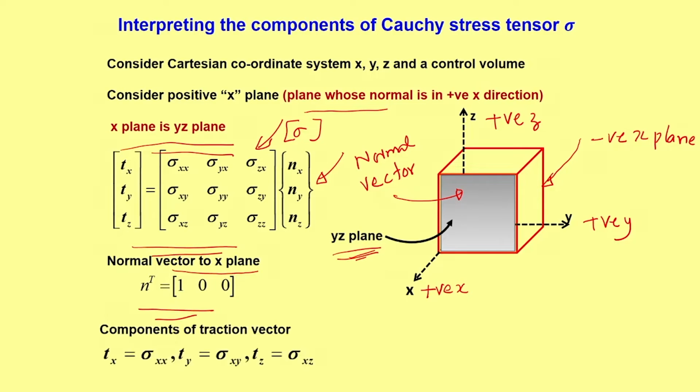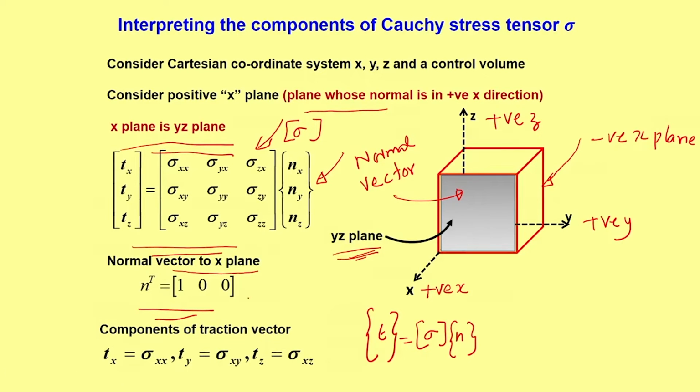Now, what are the components of traction vector Tx, Ty and Tz? You already have this to be, that is Tx, Ty, Tz is equal to sigma and n.